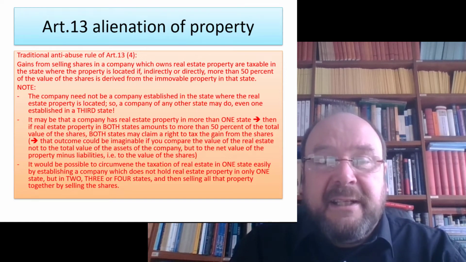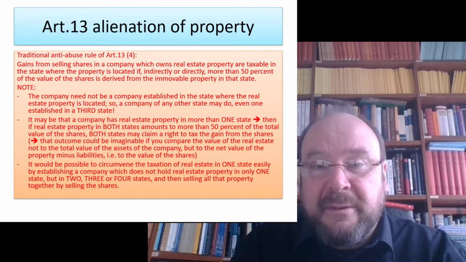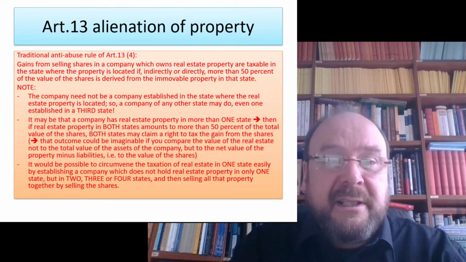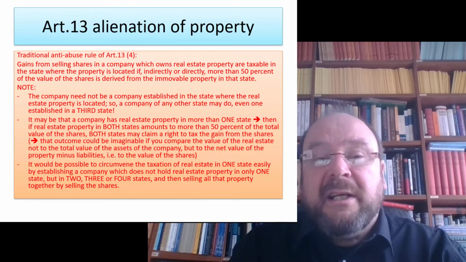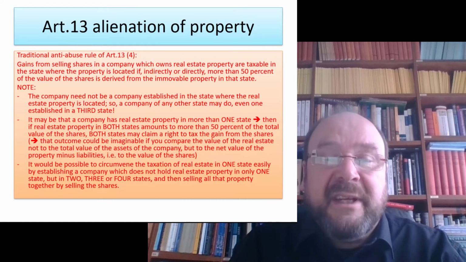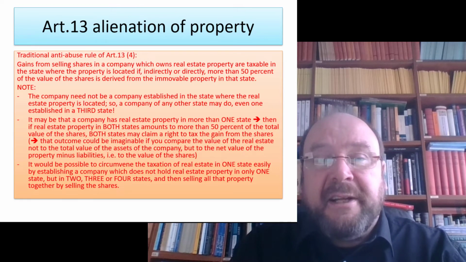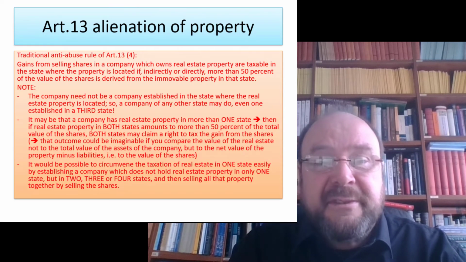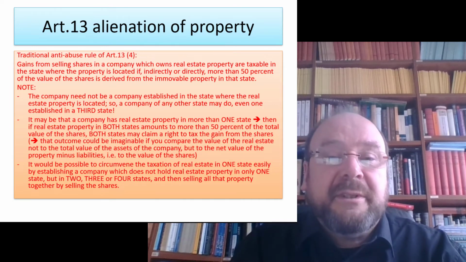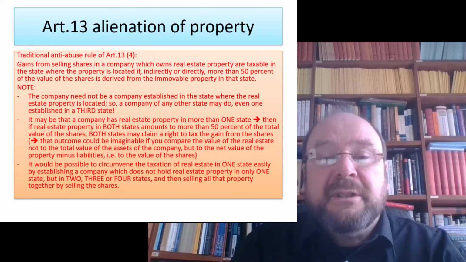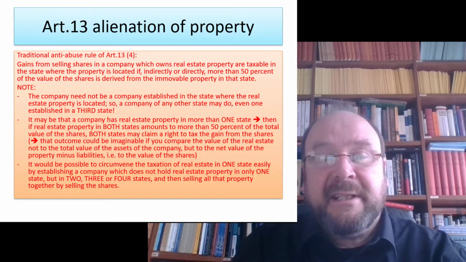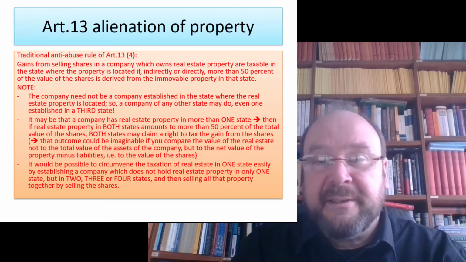So let's say if we have that most extreme constellation, that there is a house somewhere in, let's say, Cheshire, and there is a company which has only one asset, that house, then selling 100% of the shares becomes taxable in Cheshire, or in the Czech Republic, because, well, it's just regarded as circumvention of Article 13.1.